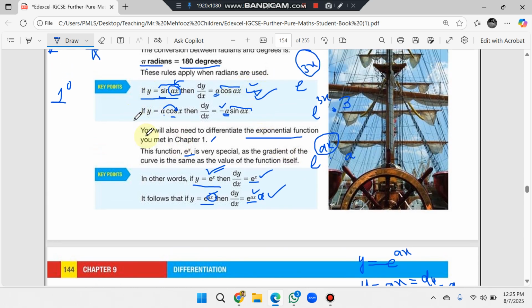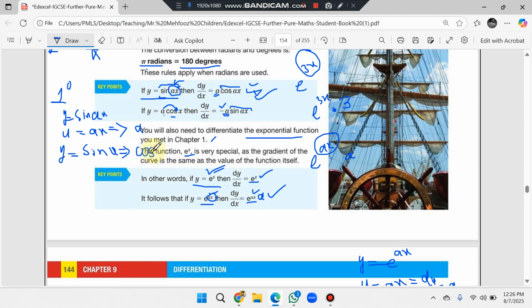And also you can prove this one, right? How can you prove it? Can I prove it by using the chain rule? Yes. So first of all, you have y is equal to sin ax. So let u is equal to ax and the derivative, I just write the derivative, is a. Okay. And when you put the value of u, it becomes sin u, and sin u has the derivative cos u.